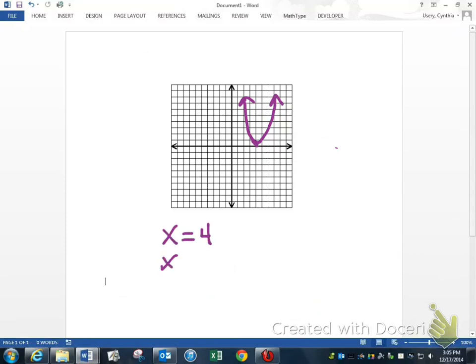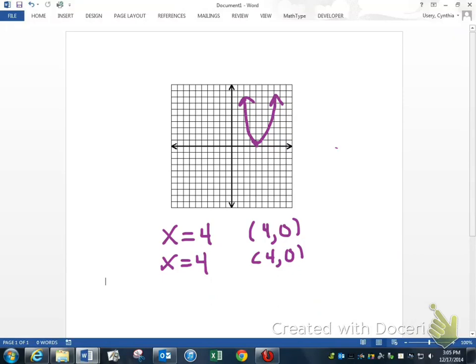Your root would also be x equals 4. There's only one of them. Your x-intercept would be the ordered pair (4, 0). And the zero would be (4, 0). Remember, that's 4 different ways to say the same thing, and you write the values different ways. Okay, so that's if you have 1 solution.